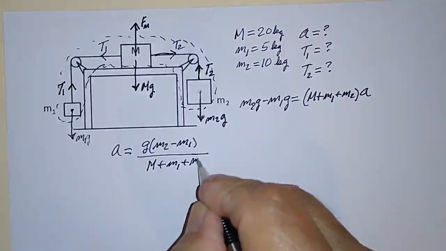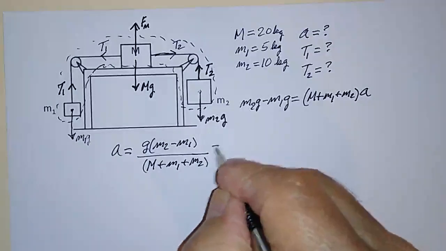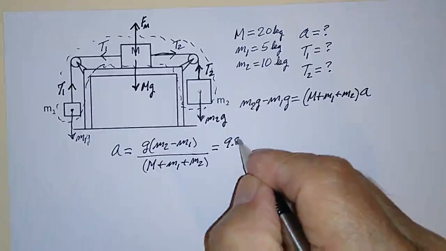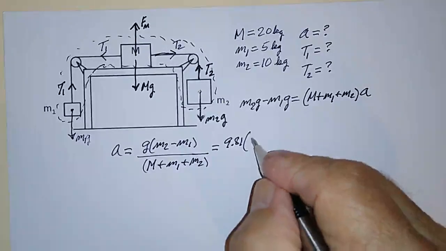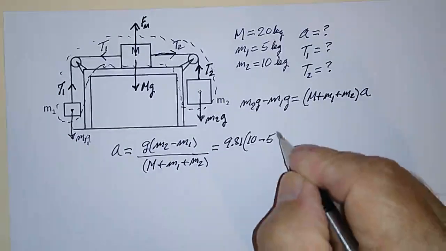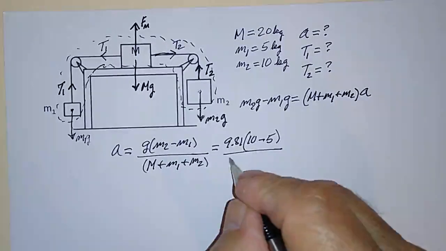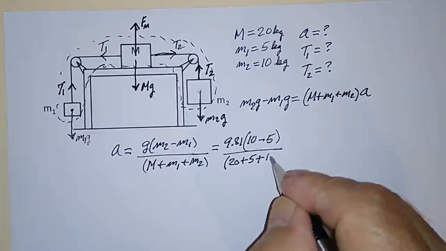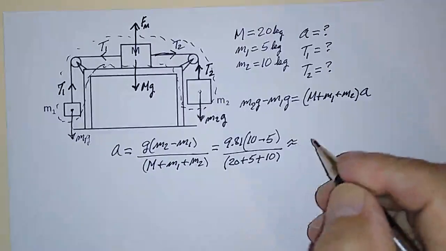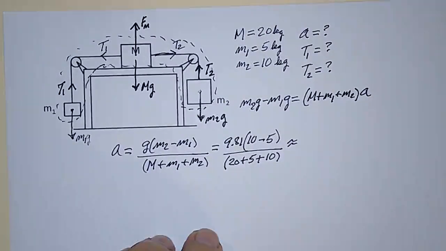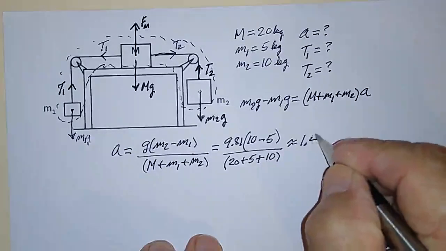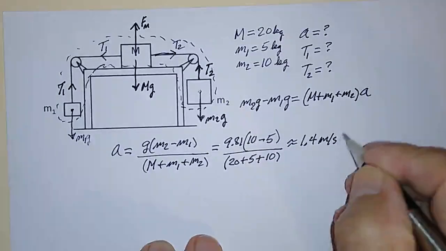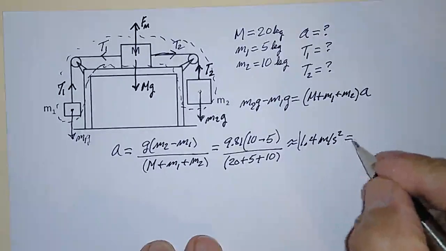Plugging in the numbers, this is 9.81 times (10 minus 5) divided by (20 plus 5 plus 10), and that works out to be about 1.4 meters per second squared. So that's how you calculate the acceleration.